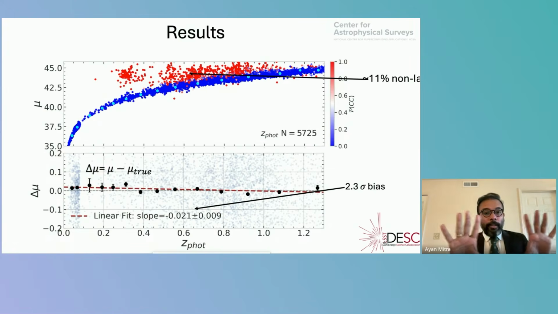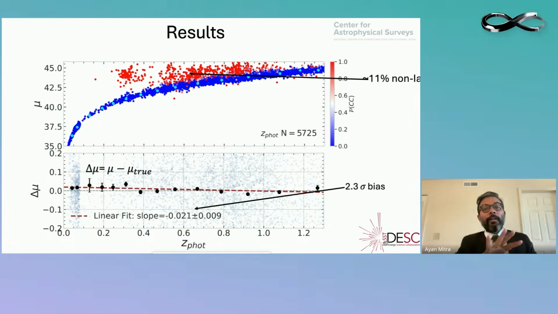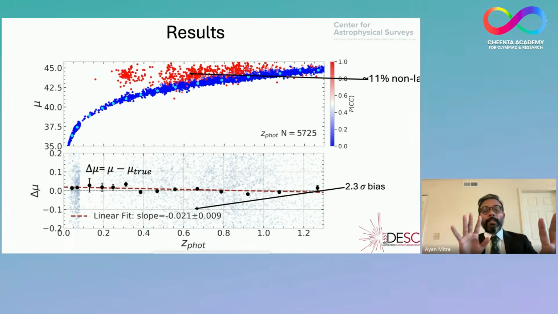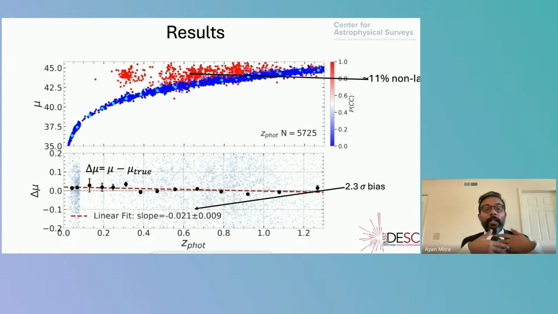And this is what our Hubble diagram looks like at the moment from simulations, and what we expect it to look like in a year or 2 years' time when the actual LSST data comes in. What you see here on the left is the distance, and on the x-axis is the redshift. Those red points that you see are the contaminations from non-1a events. Those could be other types of supernova.